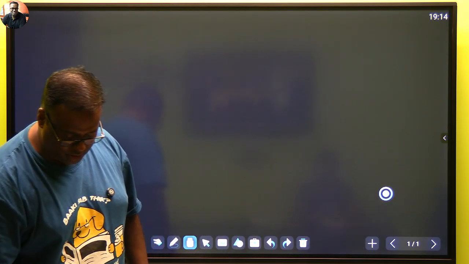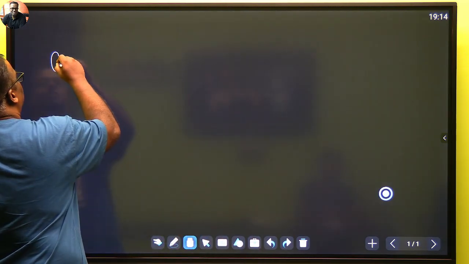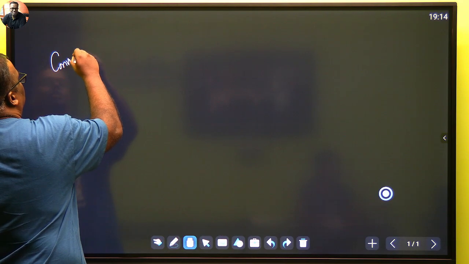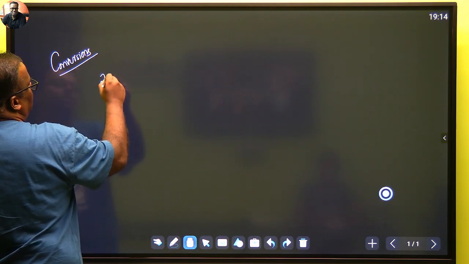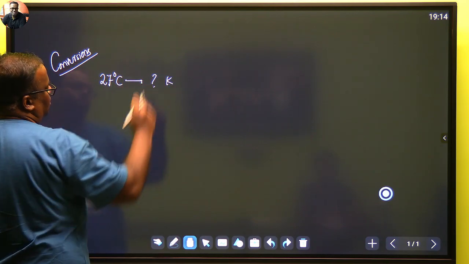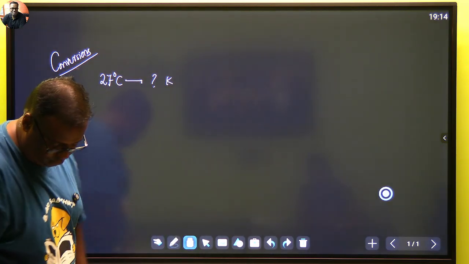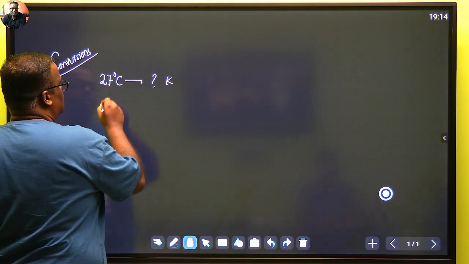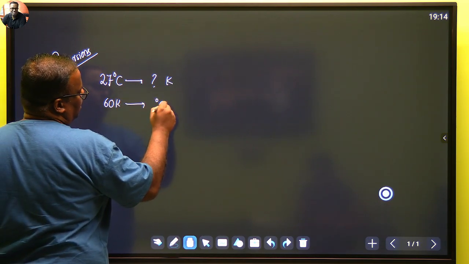Let's do some conversions. 27 degrees Celsius, convert it into Kelvin. 60 Kelvin, convert it into degrees Celsius.